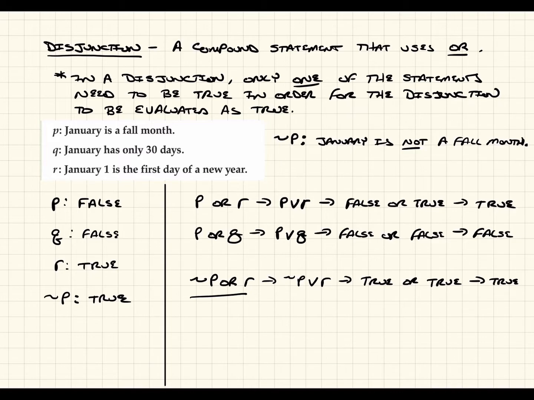So we have true or true. Both halves of my disjunction are true, which makes the entire disjunction true, because in a disjunction only one of the statements needs to be true for the disjunction to evaluate as true. If they're both true, that's okay as well. It's only when they're both false that the disjunction evaluates to false.